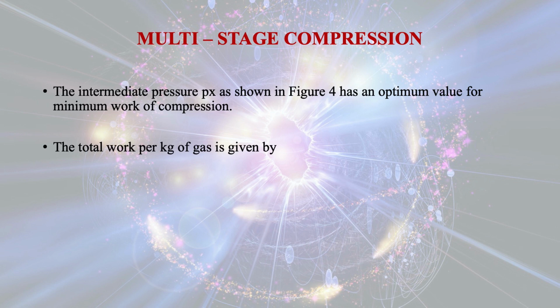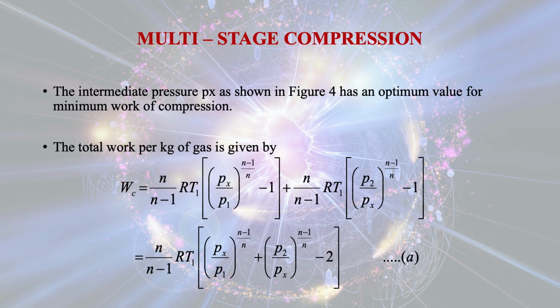The total work per kg of gas is given by Wc is equal to n divided by n minus 1 times RT1 multiplied by (Px by P1) to the power (n minus 1) by n, minus 1, plus n divided by n minus 1 multiplied by RT1 multiplied by (P2 by Px) to the power (n minus 1) by n, minus 1.